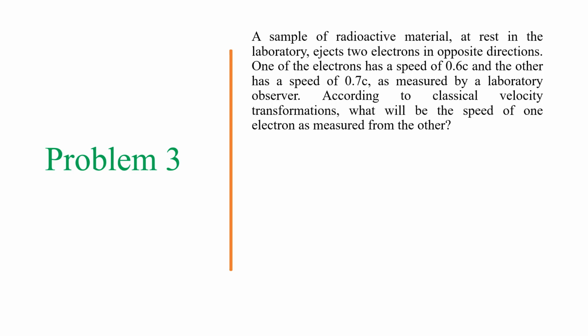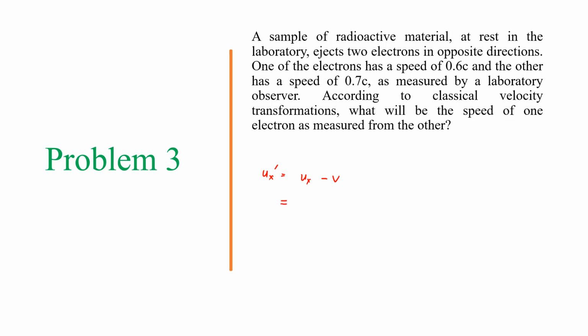So for this problem, we let observer O be at rest with respect to the laboratory and observer O prime be at rest with respect to the particle moving with speed 0.6 c. So using the Galilean velocity transformation, we have u sub x prime is equal to u sub x minus v.